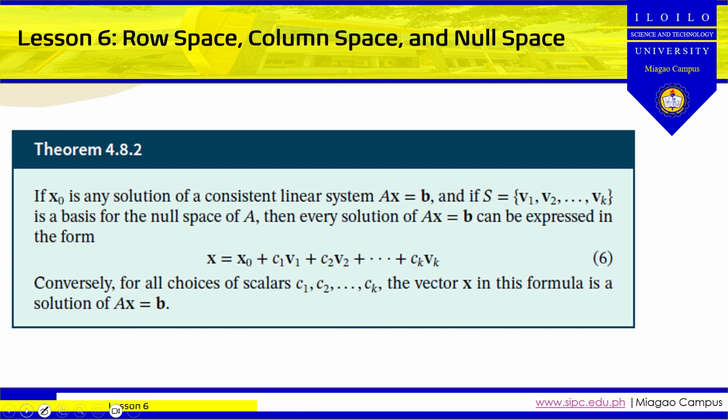Conversely, for all choices of scalars c sub 1, c sub 2, to c sub k, the vector x in this formula is a solution of Ax = b.